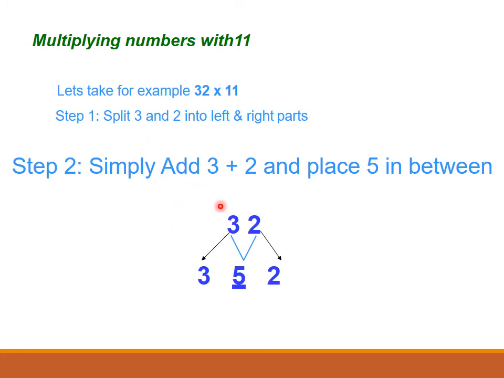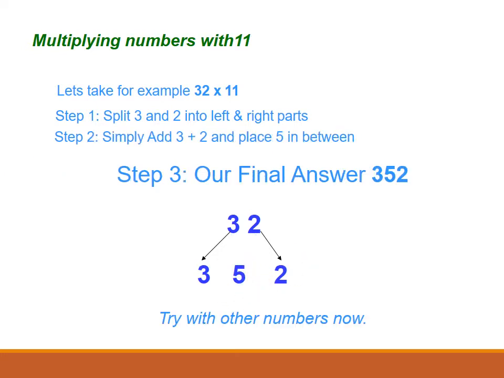Here simply add 3 plus 2, which is 5, and place this in between. So this is how you can multiply numbers with 11. Now your final answer is 352. You can try with other numbers yourself and then you can check also.